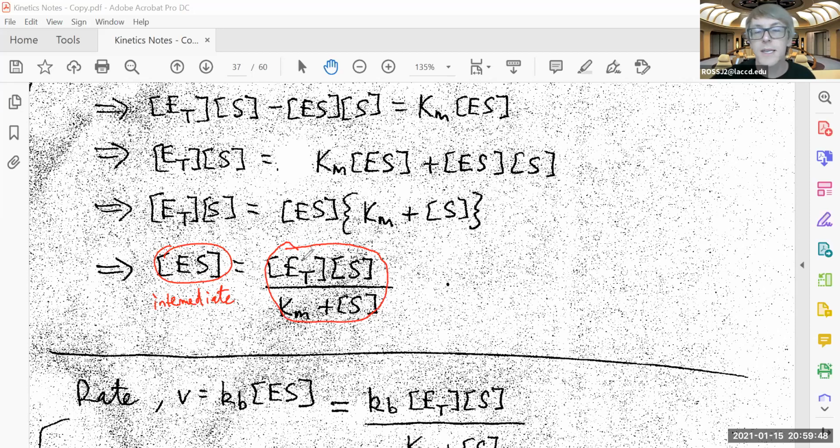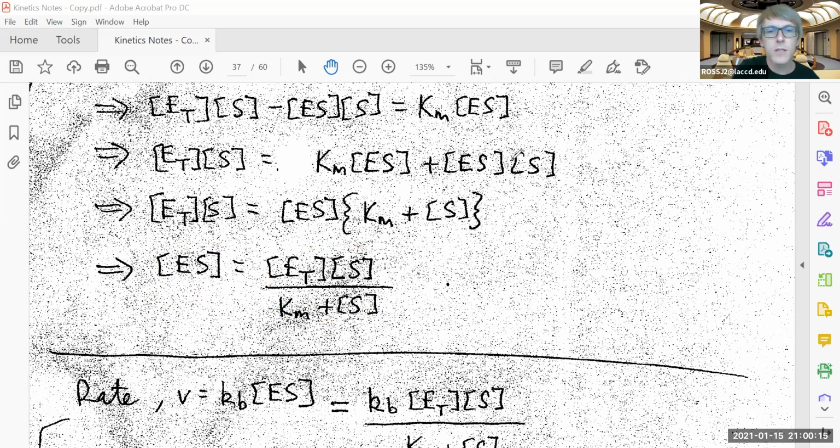Because total enzyme, I know that because I put it in the reaction, right? So I have control as the scientist over that. I can control the substrate I add, and this ratio of rate constants is ultimately solvable. So everything on the right is knowable, and the stuff on the left is not knowable. So I've set the unknowable in terms of the knowable, and therefore I've overcome that problem.